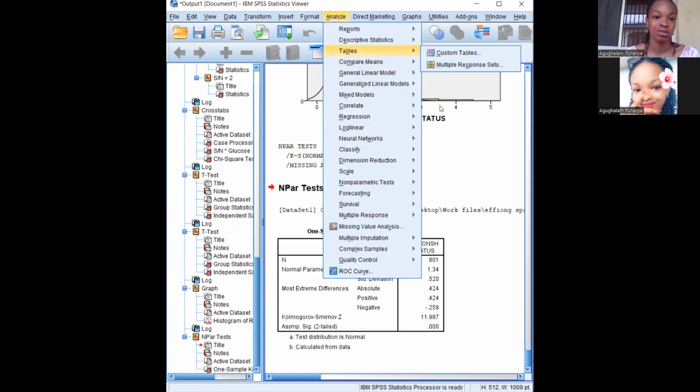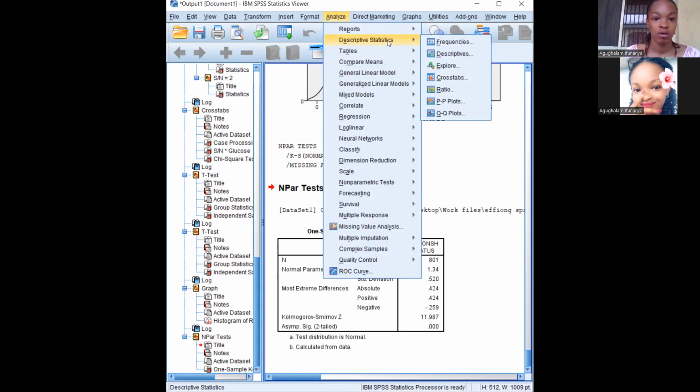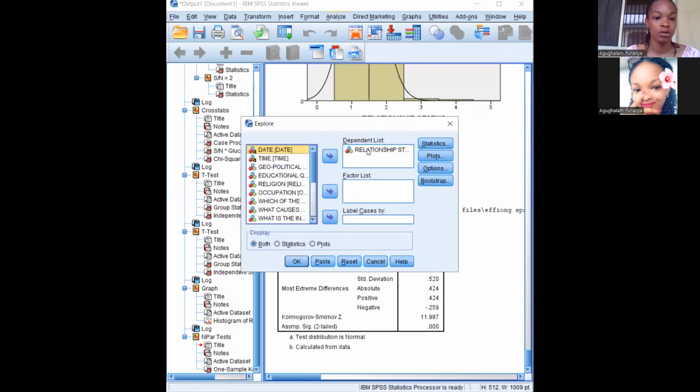Another way of running a Kolmogorov test is to go to Analyze, then Descriptive Statistics, then Explore, and put in the relationship status that you want to find out.